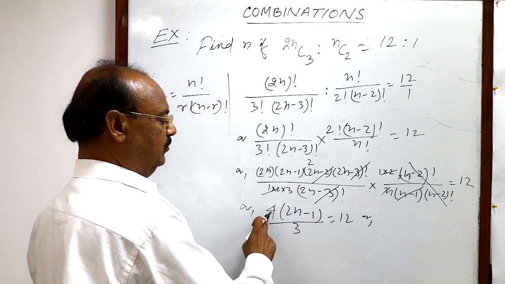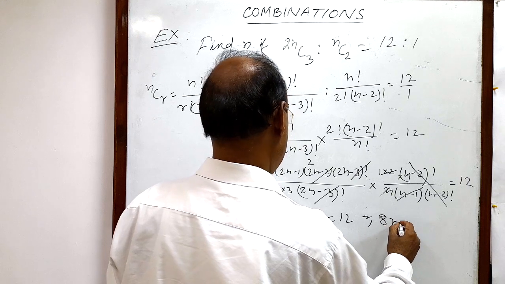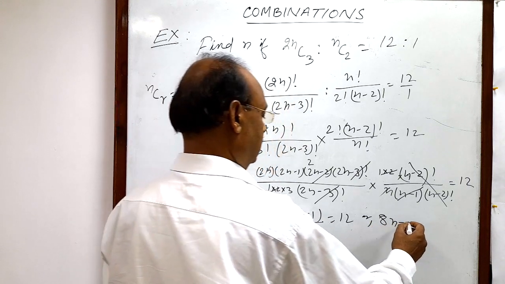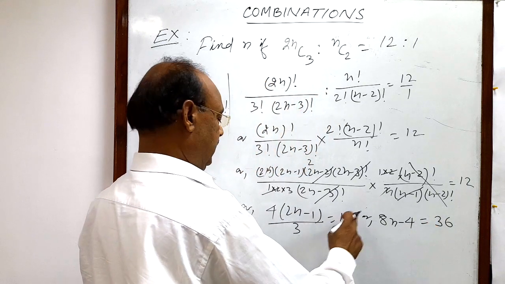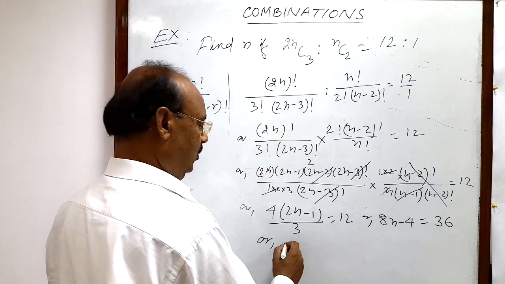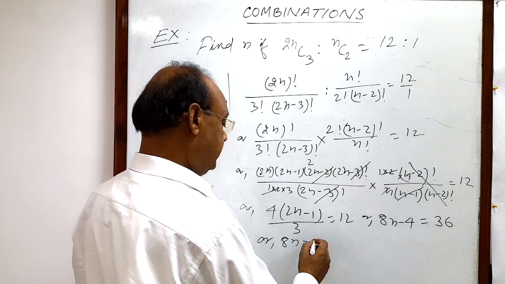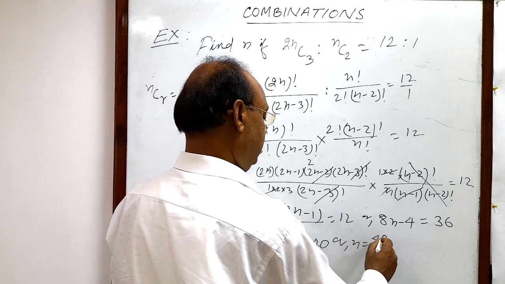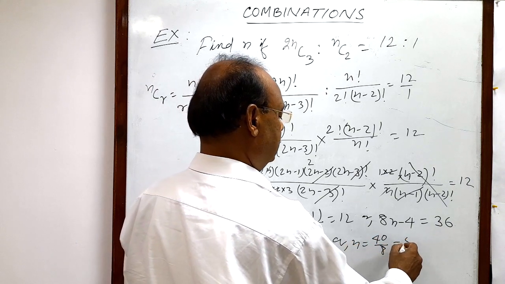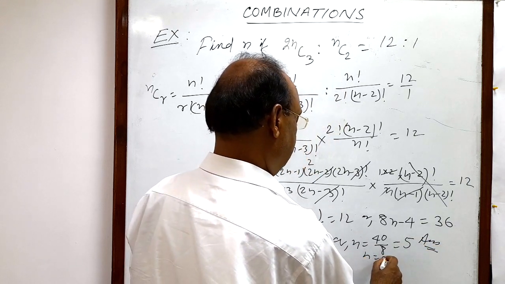Multiply this factor with 4, we are getting 8n minus 4 is equal to 36 by cross multiplication, or 8n is equal to, this minus 4 will be transposed to the right hand side, so this is 40, or n is equal to 40 by 8, which is equal to 5. So here the answer is n is equal to 5.